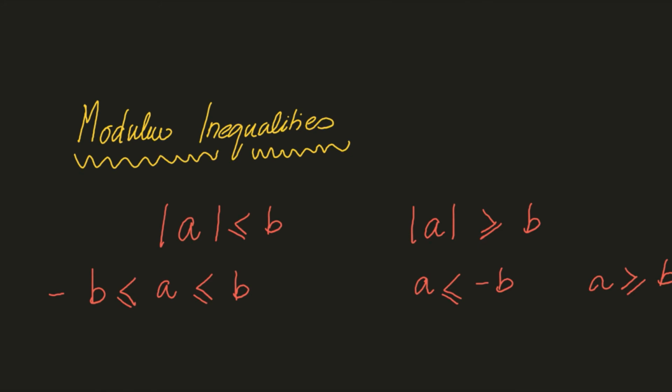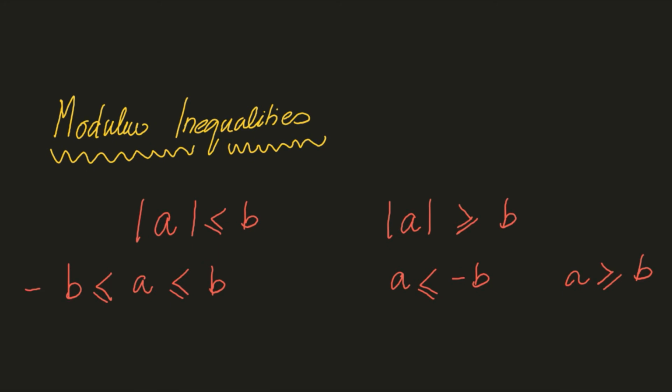Okay, so one of the last important things under this heading is modulus inequalities. These are rules that you're going to have to learn. Modulus of a less than or equal to b: when you want to open this modulus, this is what you will do. a is greater than or equal to minus b, and a is less than or equal to b, as you can see here.